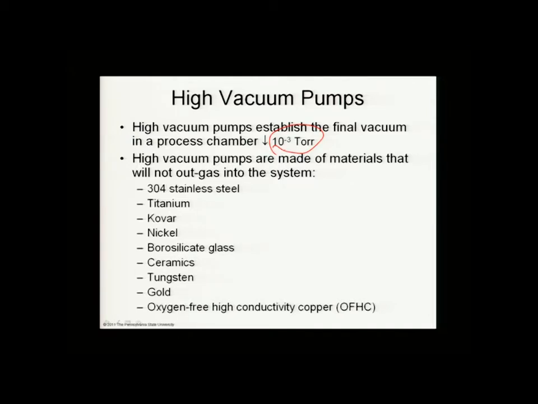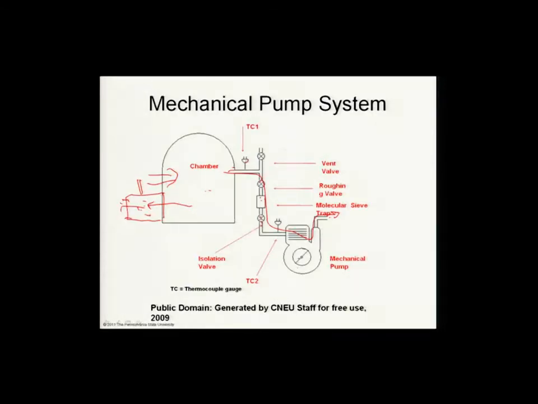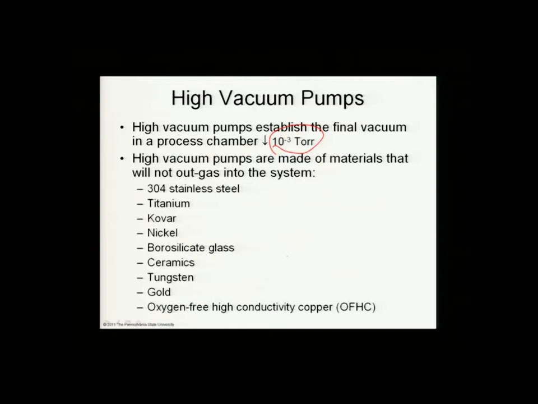Then you would use a higher vacuum pump to get the pressure below 10 to the minus 3 torr. So although the previous sketch only showed a mechanical pump, in many processing systems you'll have the mechanical pump to bring the pressure down initially, and then some other type of high vacuum pump to bring the pressure further down.